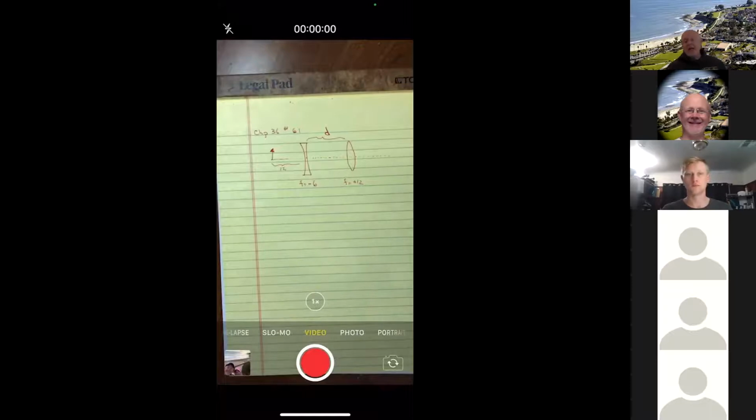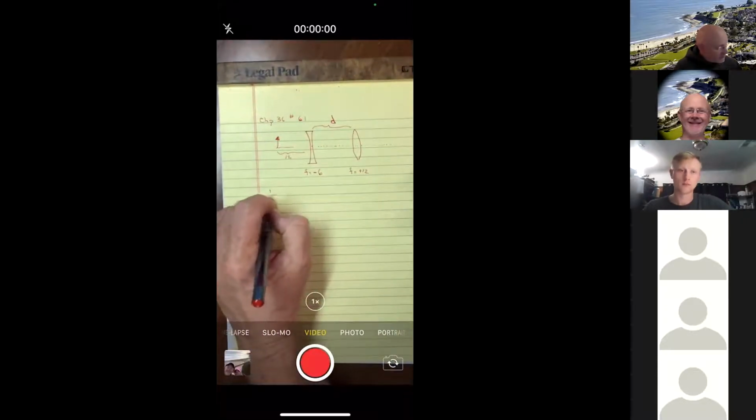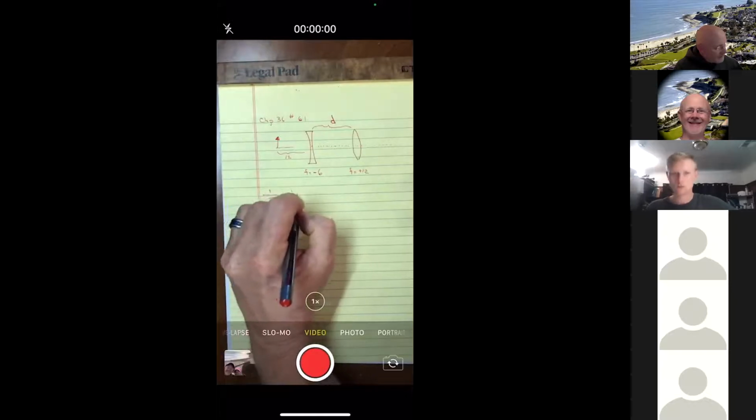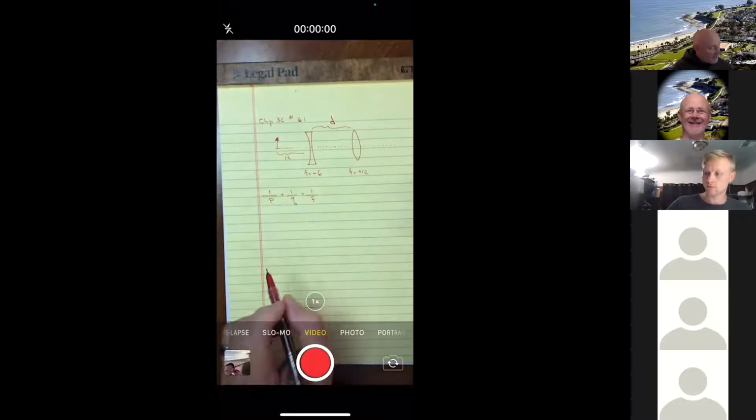And here's what I'm going to say. I made the video last week, so you'll hear me say it over and over on the video: you take the image that is formed by the first lens, and that then becomes your object for the second lens. Okay, so watch this. Let me put in 1 over p plus 1 over q equals 1 over f.